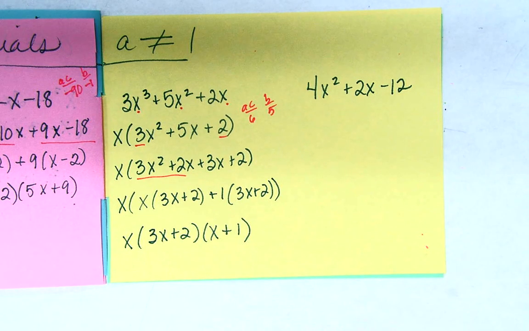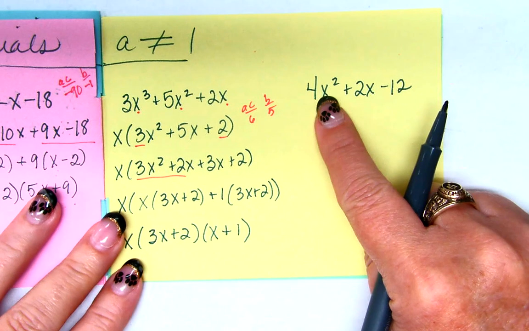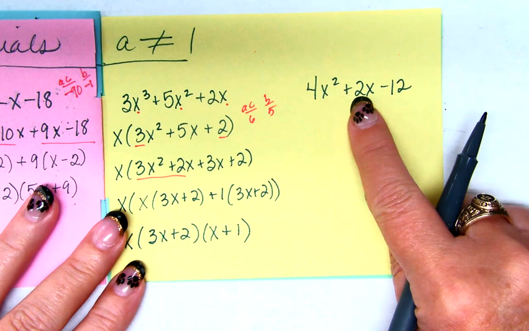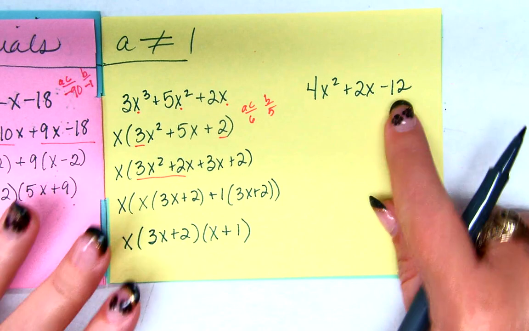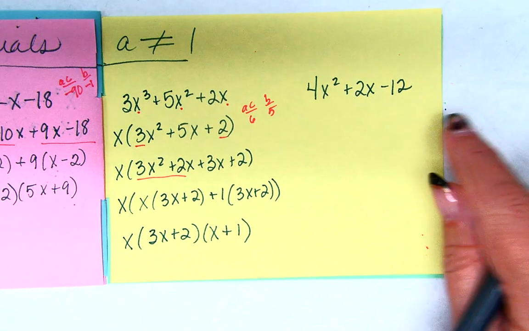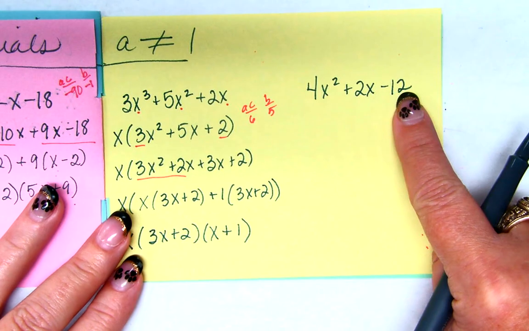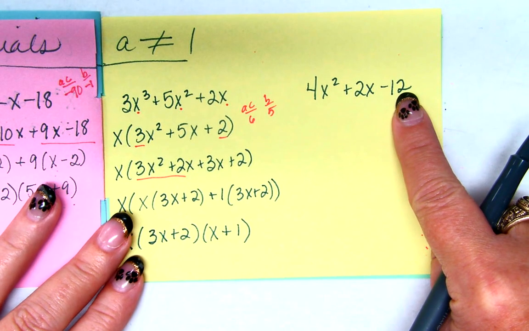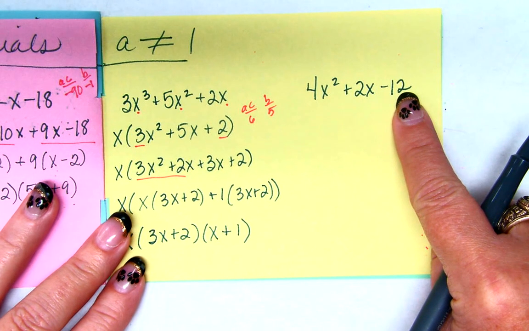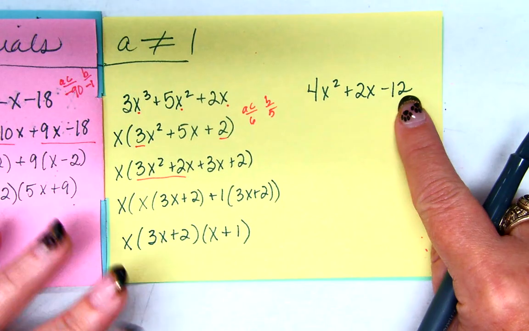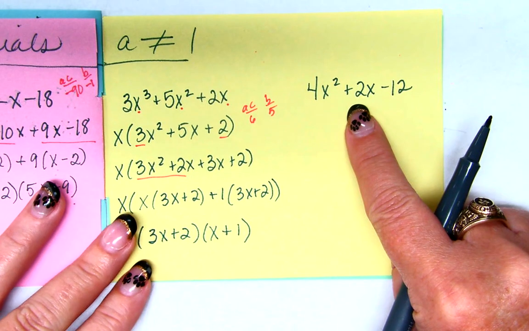Now, here's the deal. I can do AC here because A is the term beside the x squared, B is the term beside the x, and C is the constant, right? So I have an AC that I can do. But if I do AC right here, I'm dealing with negative 48, and it has to add to be 2, right?